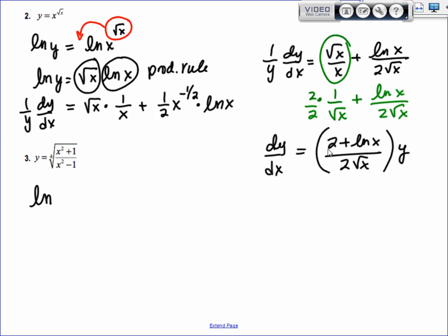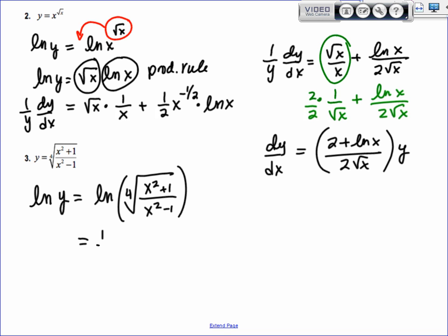All right, so I have the 4th root. So I'm going to do natural log of the 4th root of x squared plus 1 over x squared minus 1. So that allows you to pull the 1/4 to the front.